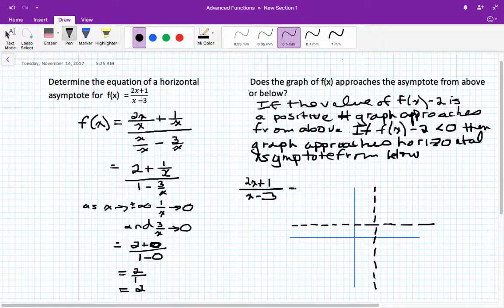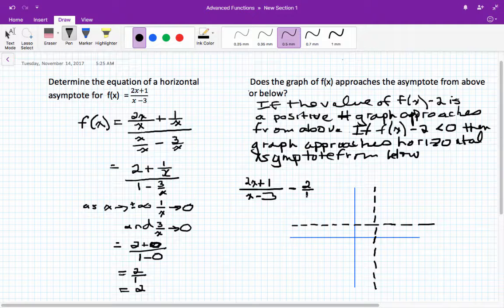And we're going to subtract from that the equation of the horizontal asymptote, which is 2. And we're going to simplify this into one single rational expression.